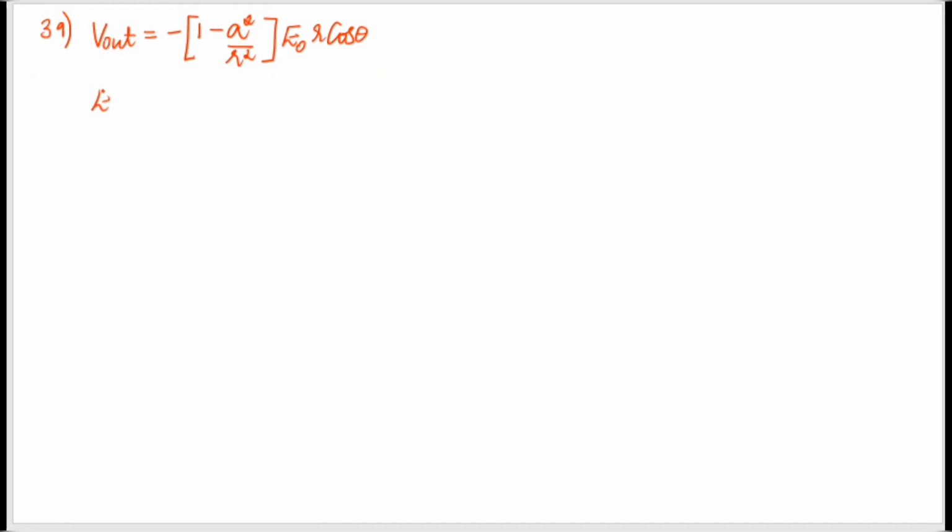So E is equal to minus gradient of V. How do we define this gradient? In which kind of coordinates have they given it? They have given the coordinates in terms of r, theta and z. R, theta and z are the cylindrical coordinates.